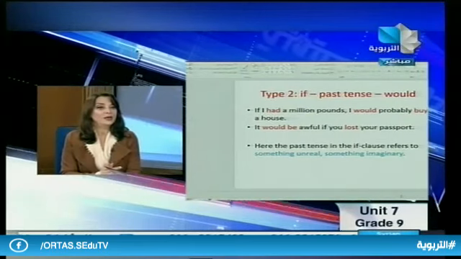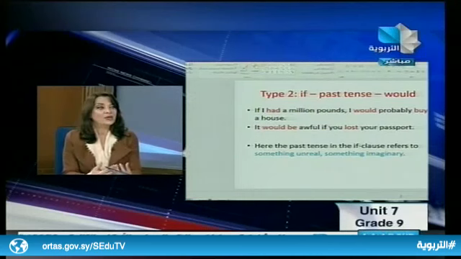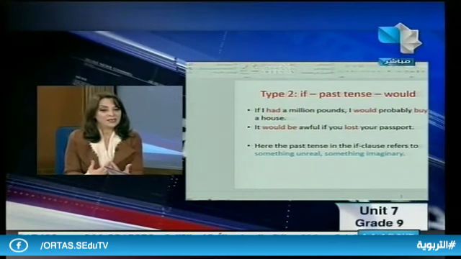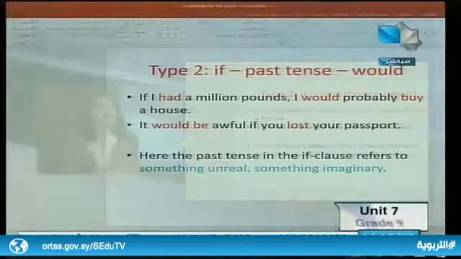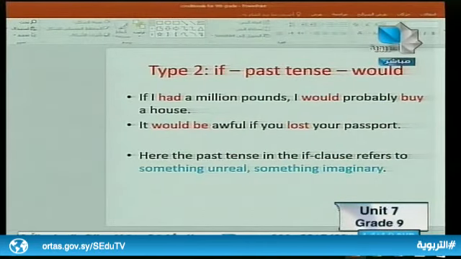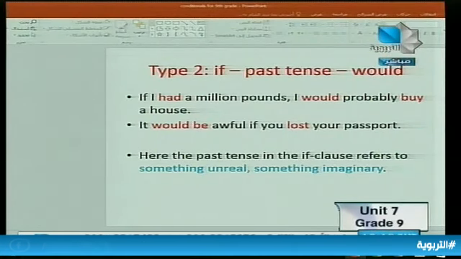We all notice here that the tenses are past, but do they really refer to the past? When I started talking, I told you about messages which the speaker produces to the listener. So the first type, which uses will, we all know that will talks about the future.